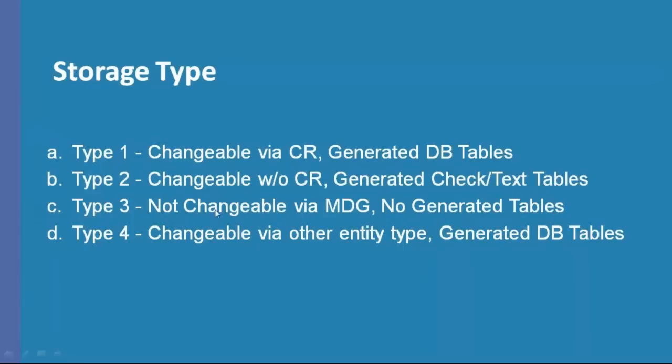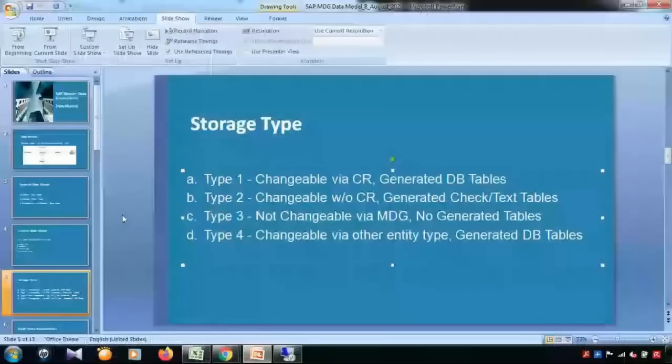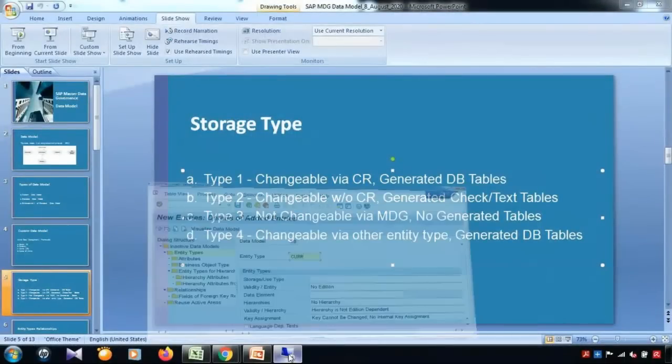So we will not go by the description for this particular type 3. Rather we will say type 3 is nothing but such kind of entity types which depend on the domain values. That is nothing but the type 3. Now an example is nothing but the currency.